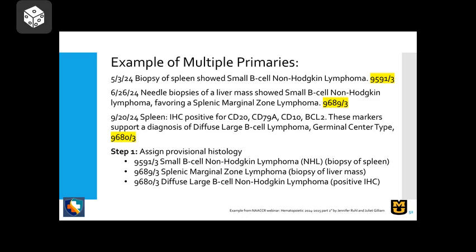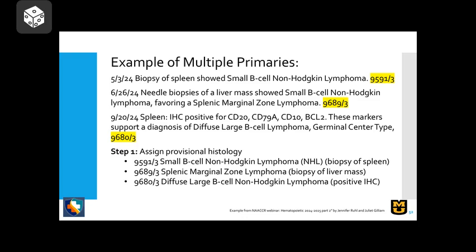On September 20, 2024, IHC, or immunohistochemical stains, of the spleen are positive for CD20, CD79A, CD10, and BCL2. These markers support a diagnosis of diffuse large B-cell lymphoma, germinal cell type.